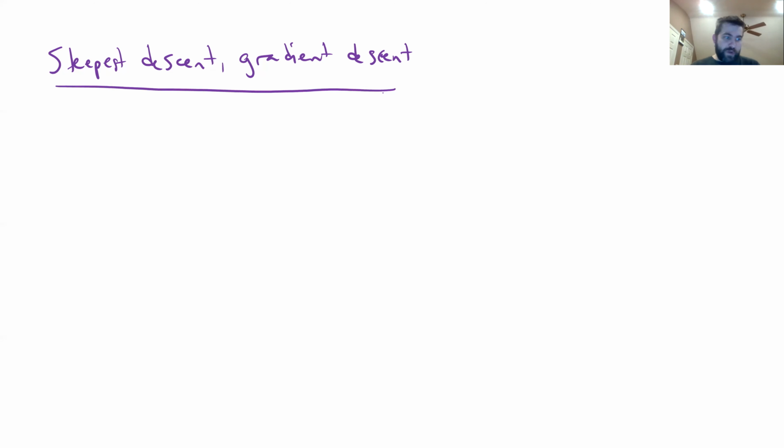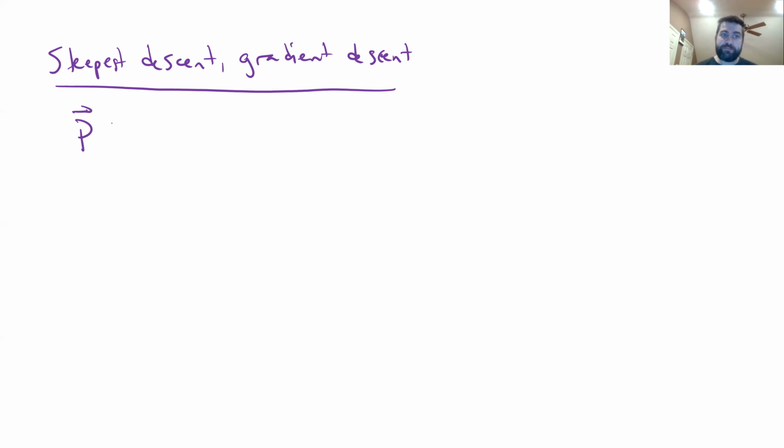The first one I want to introduce is a method that is sometimes called steepest descent, and it's sometimes called gradient descent. What this works with is really simply choosing our step based on the negative gradient of the function.